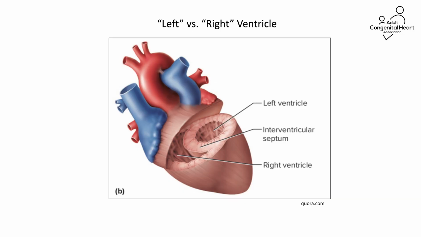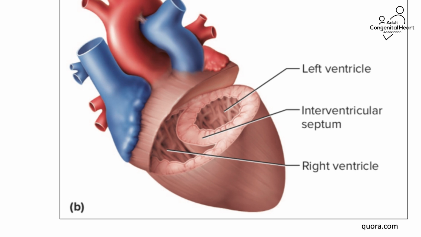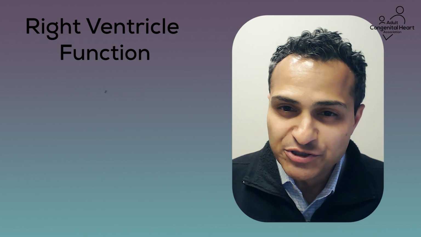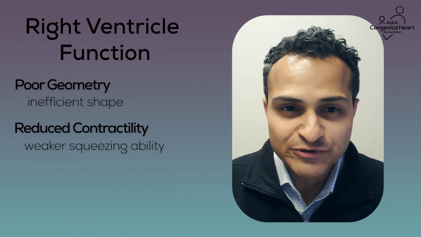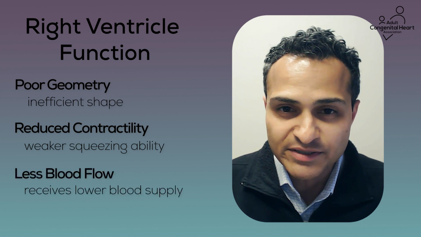So the reason this becomes important is that the morphology, or the structure and the function between the left and the right ventricles, are very different. The right ventricle is just not as efficient as a pump compared to the left ventricle. The right ventricle has a poor geometry. It has decreased function or contractility, which is like the squeeze of the heart, and has less coronary blood flow compared to the left ventricle.